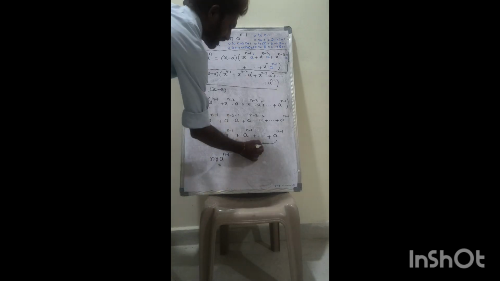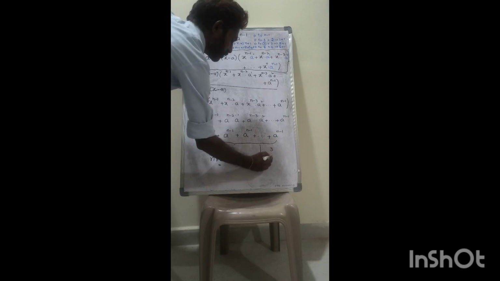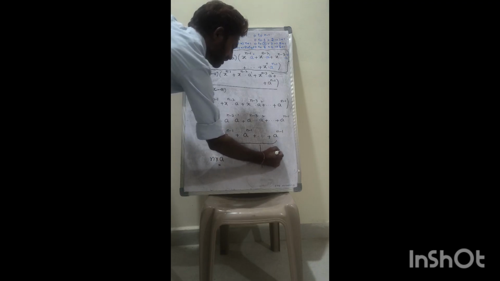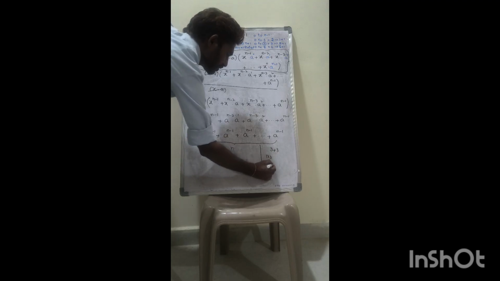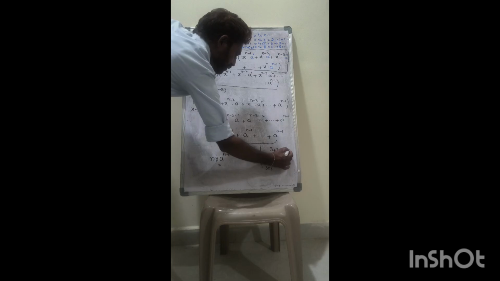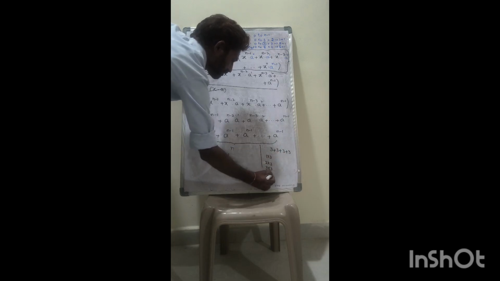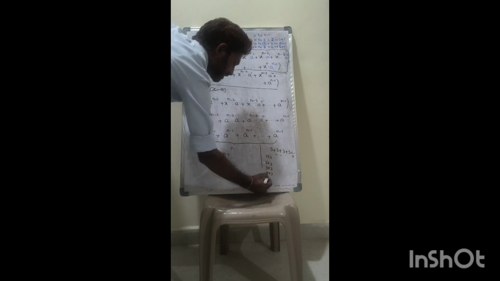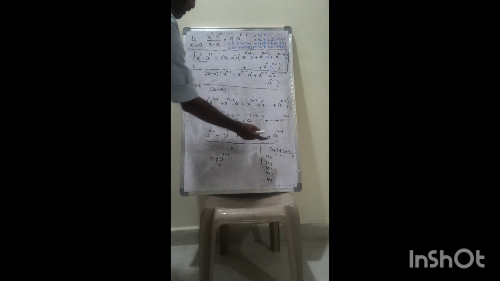If you want to understand this, for example 3: 1 time 3 is 1 into 3, 2 times 3 is 2 into 3, 3 times 3 is 3 into 3, 4 times 3 is 4 into 3, and n times 3 is n into 3. So therefore a power n minus 1 is also added n times. Therefore n into a power n minus 1.